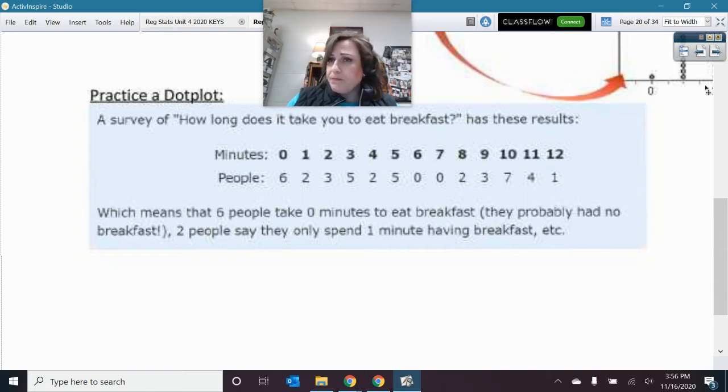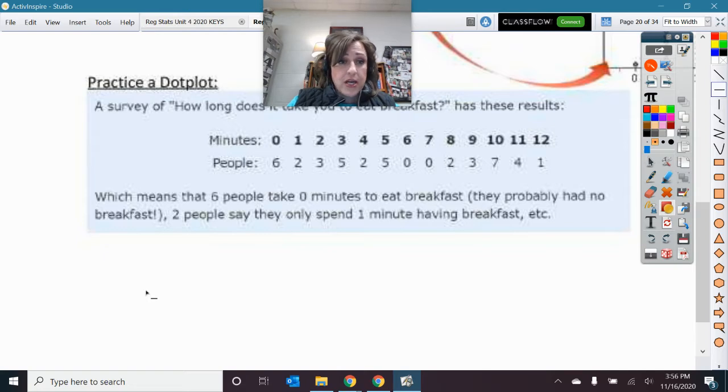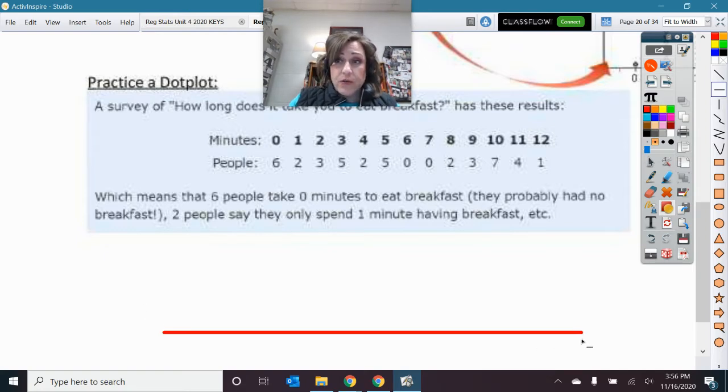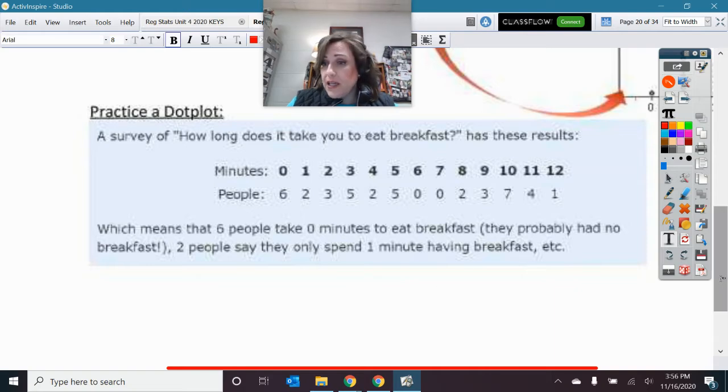So let's make a dot plot. We want to start with our axis down here. And then we need to make a scale. We want things that are spread out evenly. So let's see if I can do that here. We're going to put our values here.